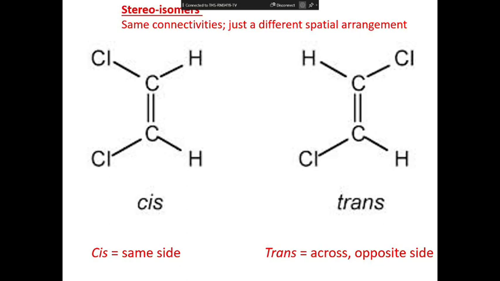That means I've got the double bond, and then the chlorines are on the same side of the carbons. In this case, they're both on the left side, but you can move it around. They could both be on the right side, or both on the bottom, depending on how you're holding it. But the 2 chlorines are on the same side of those carbons across their double bond. And because it's a double bond, I can't twist them. They're always going to be stuck there.